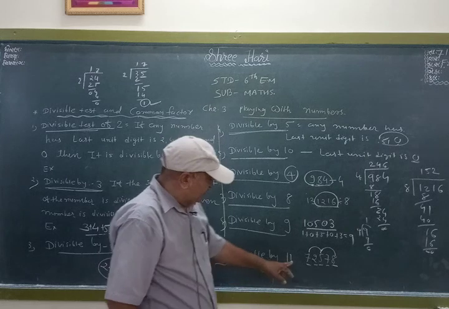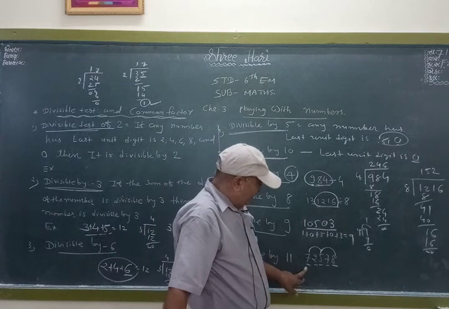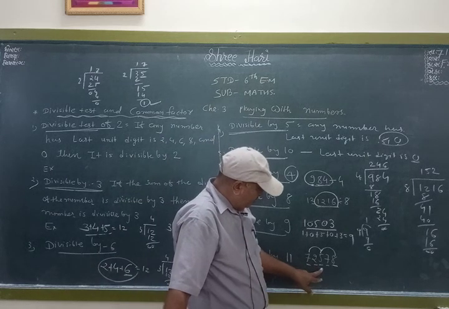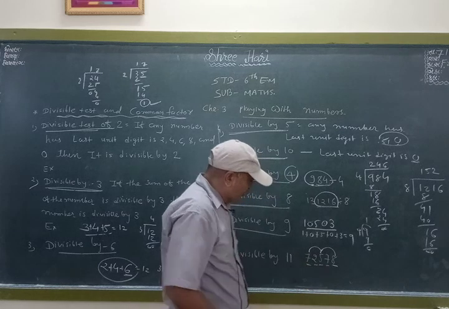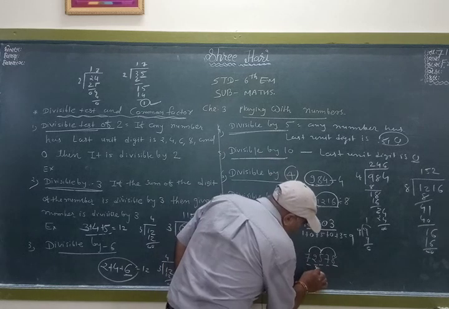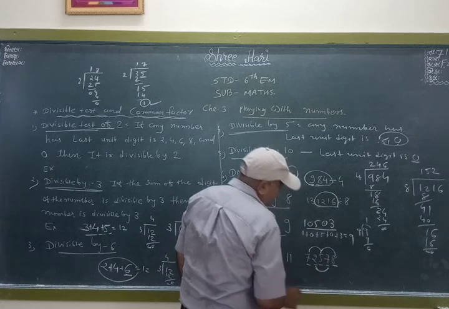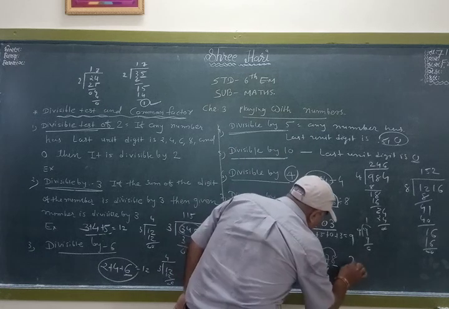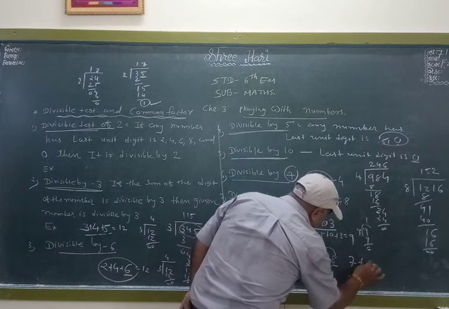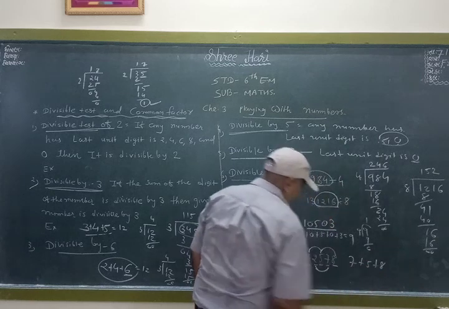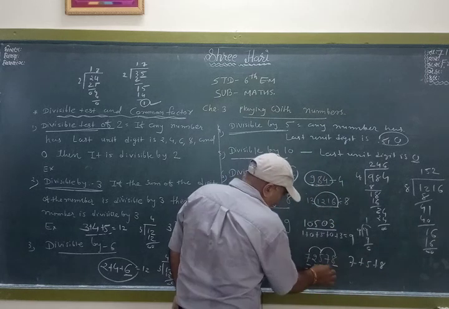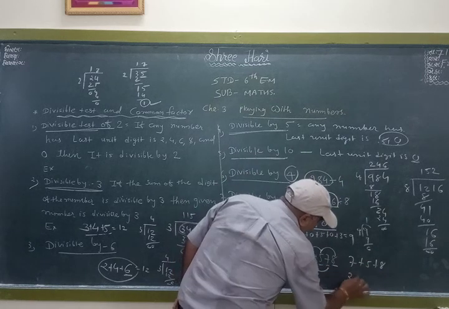Take the first odd place number, skip the even, take the odd, skip the even, and total these. Then total the other two that remain. Meaning the total of the odd numbers is 7 plus 5 plus 8, and the total of the other two remaining is 2 plus 7.